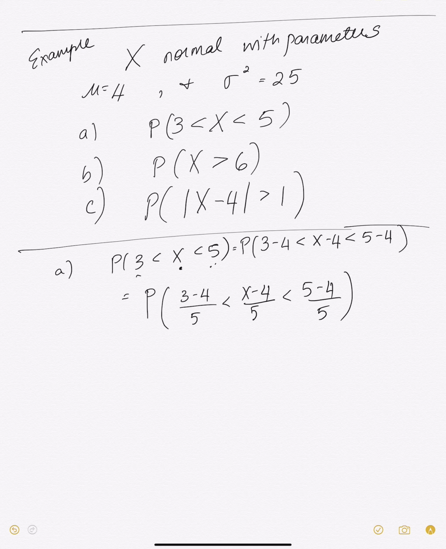And this is what we get: the probability of negative 1 over 5 less than the normal 0, 1 less than 1 over 5.